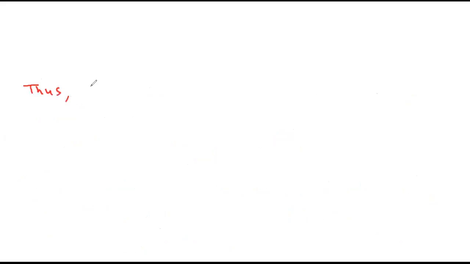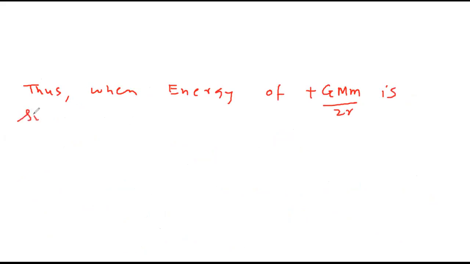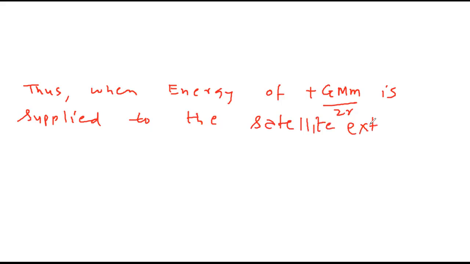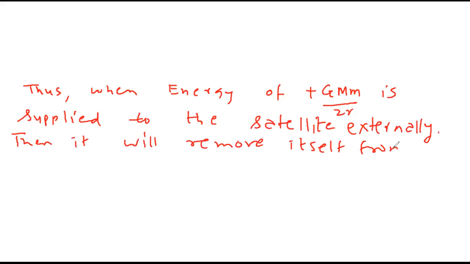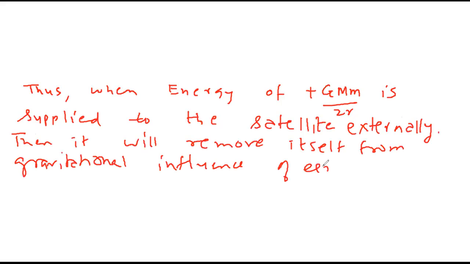Thus, when energy of plus GMm upon 2R is supplied to the satellite externally, then it will remove itself from the gravitational influence of Earth.